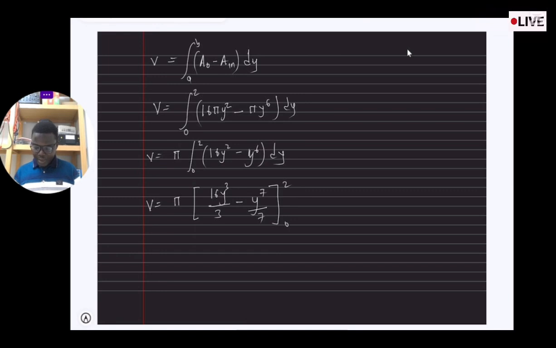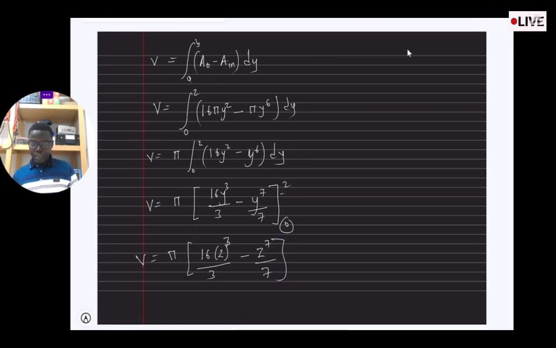Now that we have this, we can go ahead and simplify things. Pi out, and we know that for the 0 part everything will go to 0, so we don't have to bother ourselves with that. So let's quickly simplify the 2. We have 16 times 2 to the power 3 over 3, and then minus 2 to the power 7 over 7.